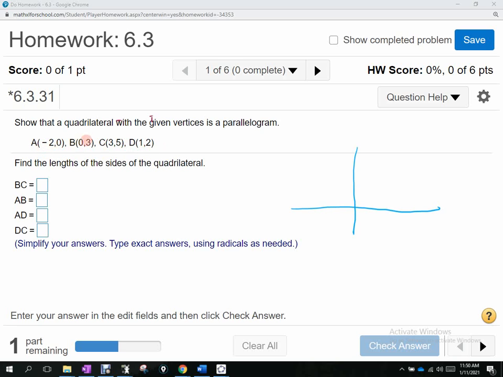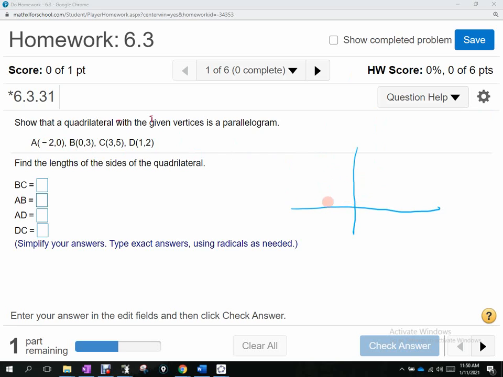So A, and then we'll travel to B, and then to C, and then to D, and not that you actually go from A to C, back to B, and then to D, or anything like that. So I'm not going to be very precise with my location of my points here.